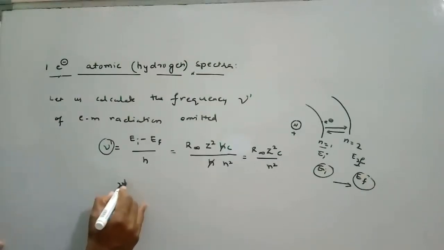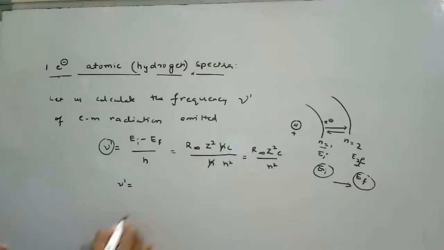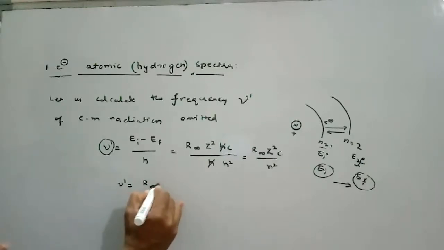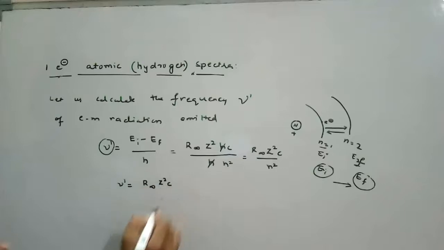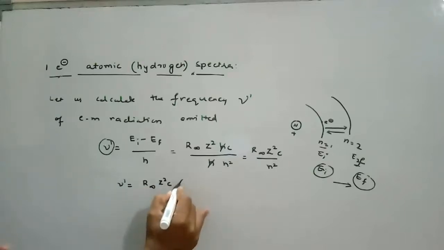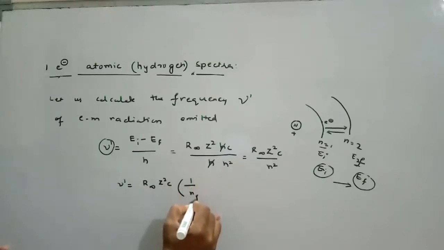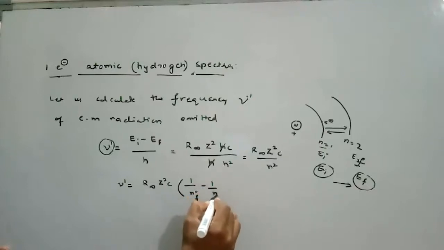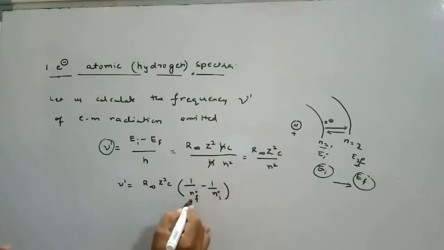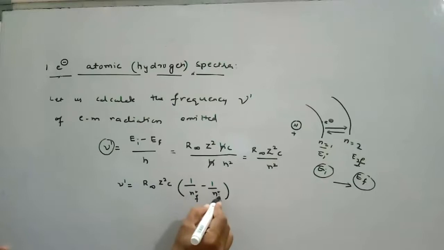Here nu dash equals R infinite Z square c times 1 by nf square minus 1 by ni square, final orbit square minus initial orbit square. Where the electron is initially, that is the initial orbit, and finally where it goes, that is the final orbit.